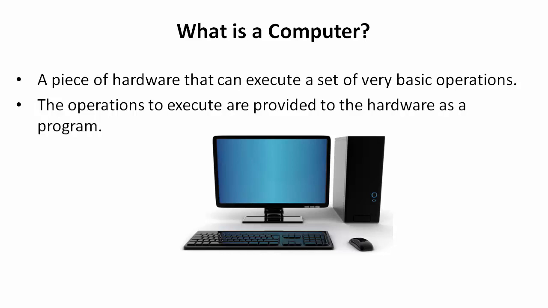But you can tell the computer which operations to execute, in what order, and whether to repeat those operations, by providing the hardware what is known as a program. A computer program, also known as software, is a list of the actual operations that you want the computer to execute.